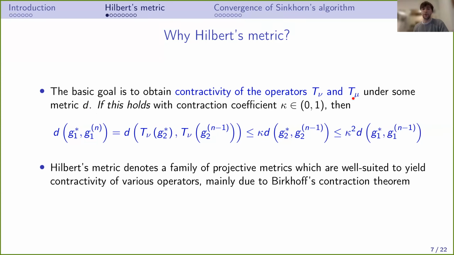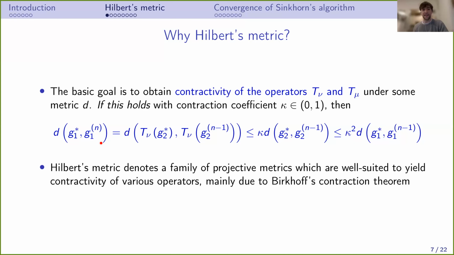if we knew that both of these operators were contractions with contraction coefficient kappa, then it would be very easy to obtain exponential convergence. We could just evaluate the distance between g1 star and g1 of n. We plug in this defining equation with the operator T_nu, we use contractivity, and then we repeat the argument for the other operator T_mu.